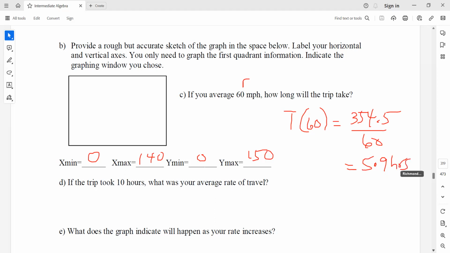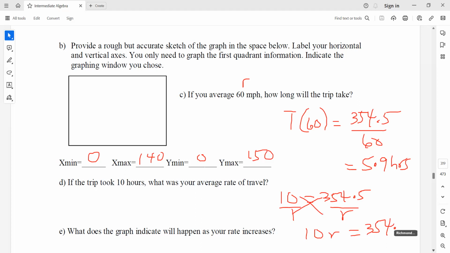Now, D says if the trip took 10 hours, so time is 10, what is your average rate of travel? So 10 equals 354.5 over R. So you could cross multiply. When you cross multiply, you have 10R equals 354.5.